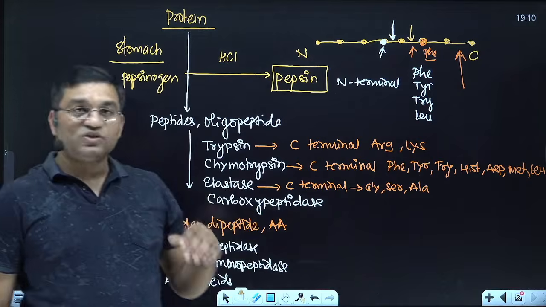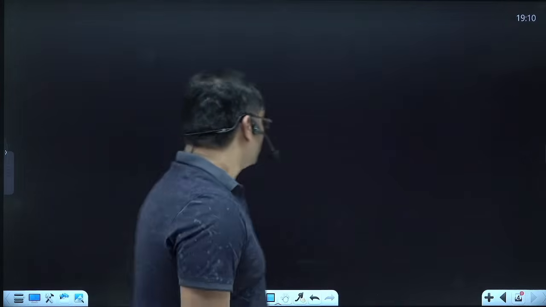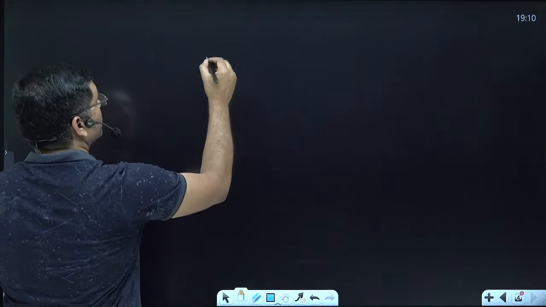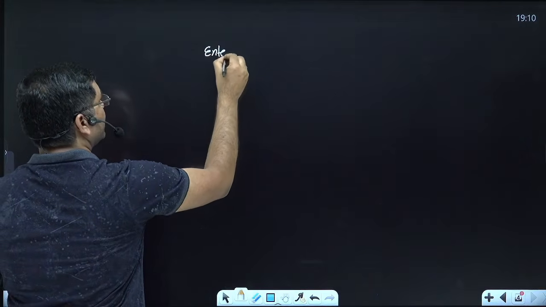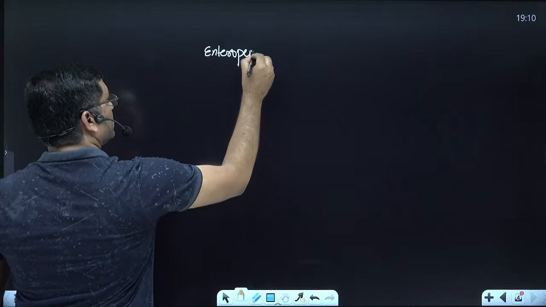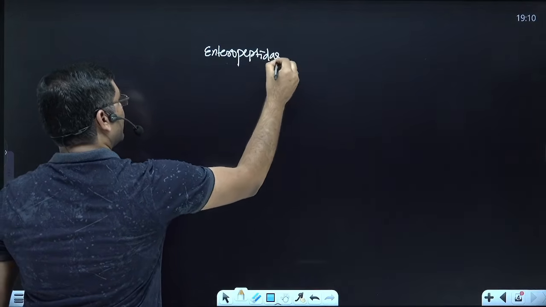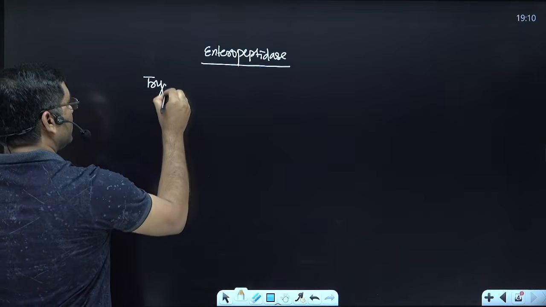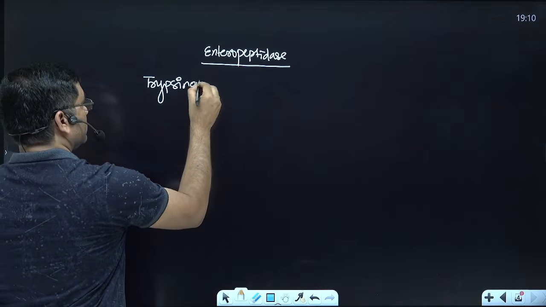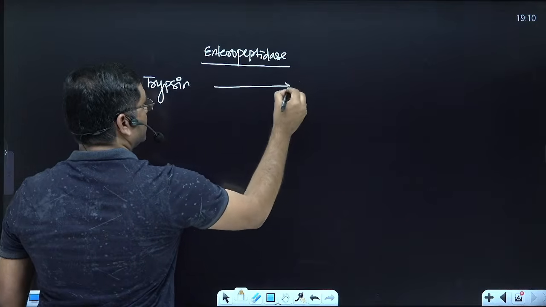How the activation of enzymes occurs? See, the enterokinase or enteropeptidase, this causes the conversion of trypsinogen into trypsin.